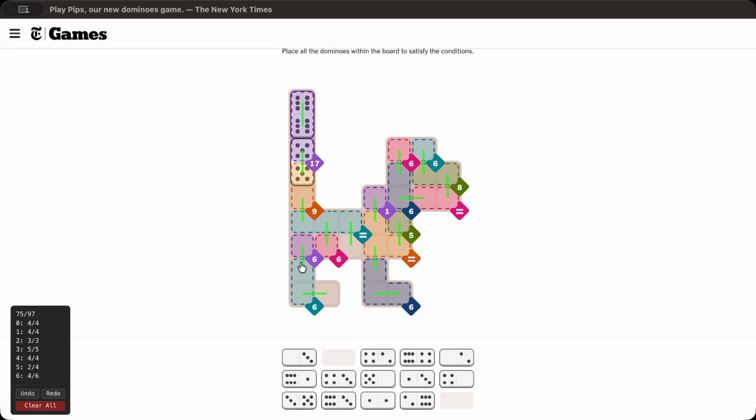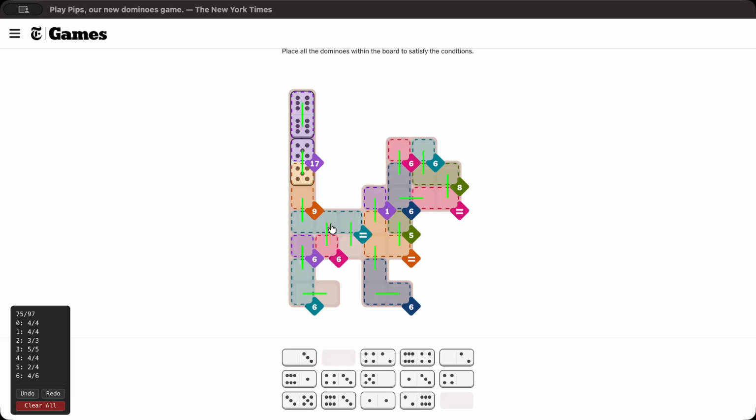So no matter what, this is a vertical placed tile. So we have a 6 1, which we said this can't be a 1. We have a 6 3. This could be a 4 3. What do we have? A 6 2? Could it be a 4 2? No, it could only be 3, 2, 0, or 6. So it can't be a 6. So it can only be 3, 2, or 0.